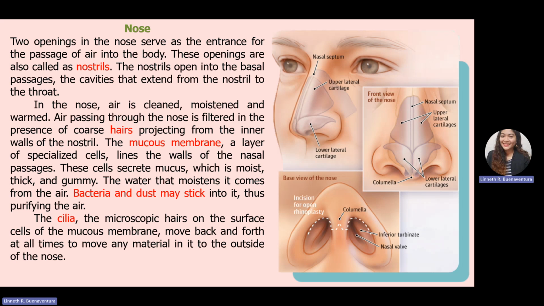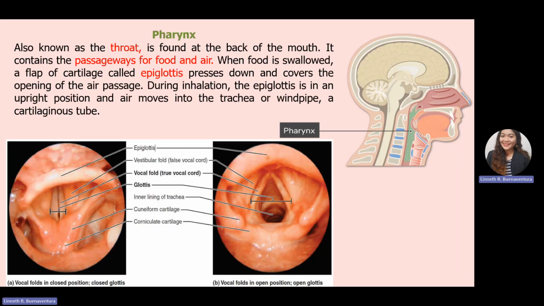Once the air is cleaned, moistened, and warmed, the next part of the respiratory system is the pharynx.